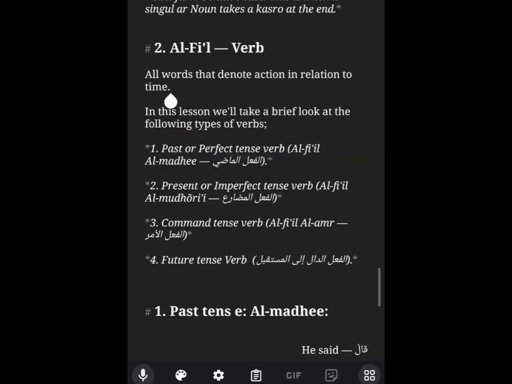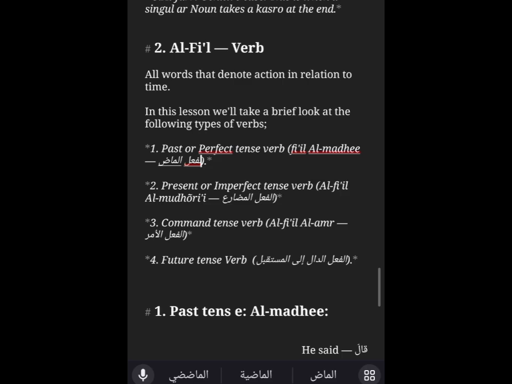Alright, as you can see written here. Please take note of every word that is written here. So this is called fi'l al-madi, a past tense verb. Is that taken?